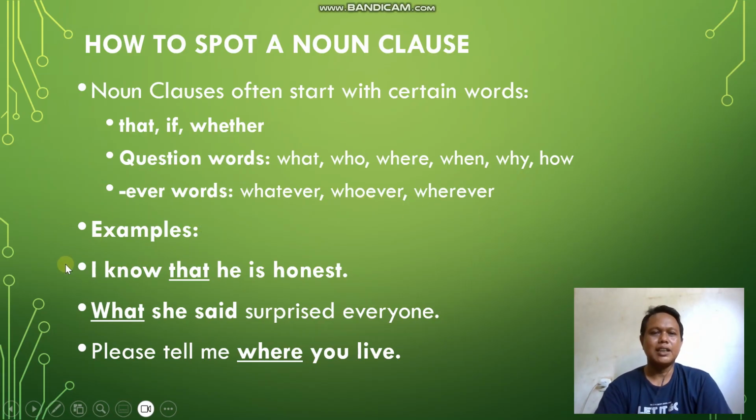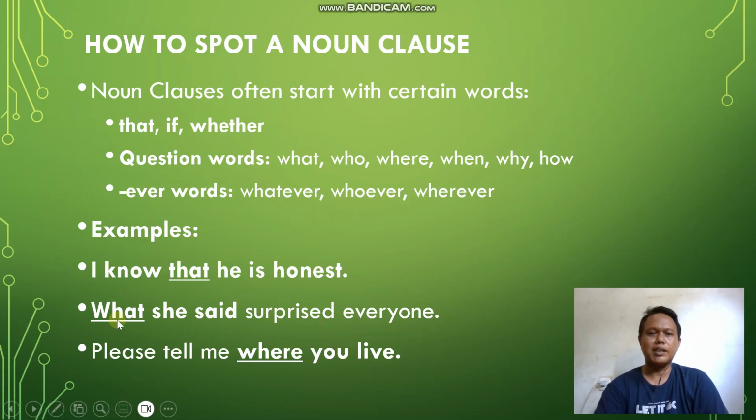For example, the sentence "I know that he is honest" is a complete sentence. But to identify the noun clause, we use the word that. So, "that he is honest" is a noun clause. Next, "what she said surprised everyone." Where is the noun clause?